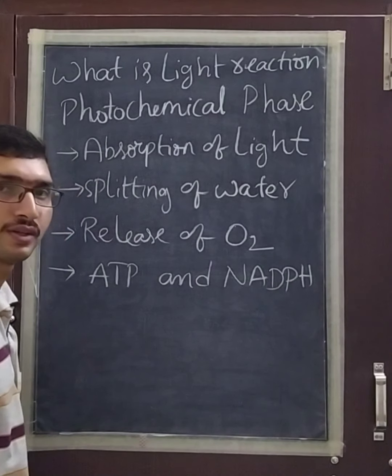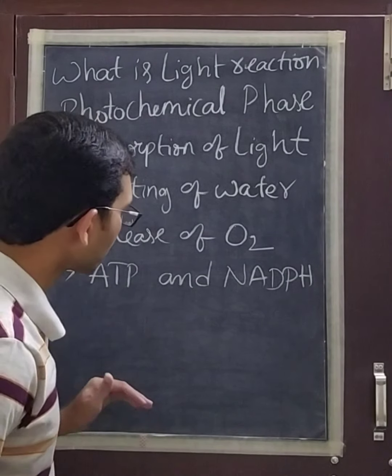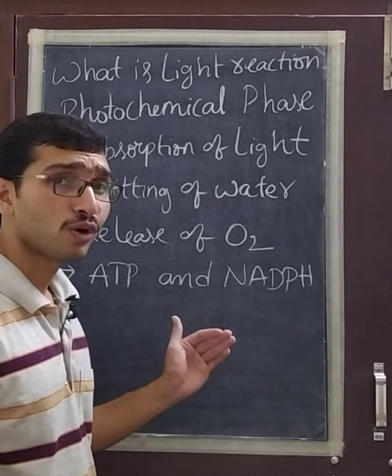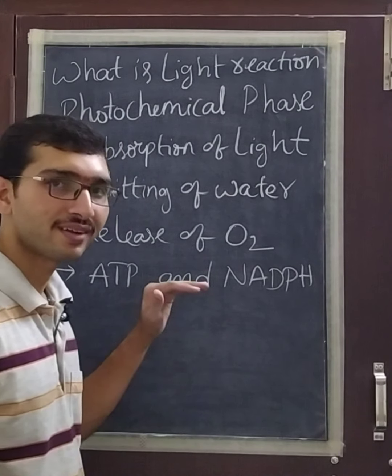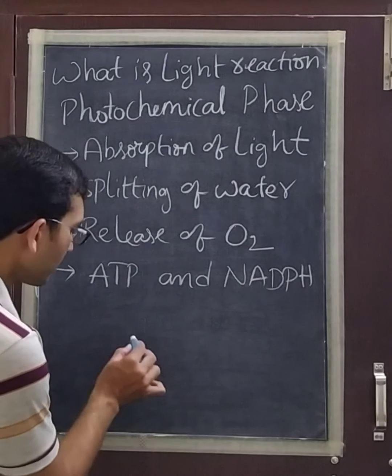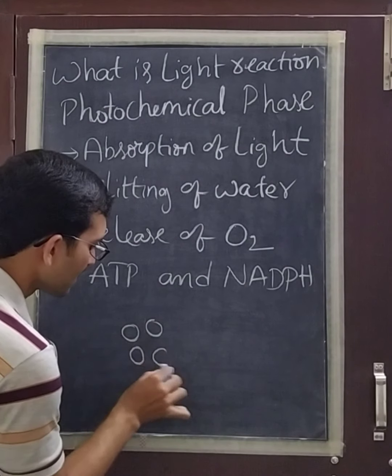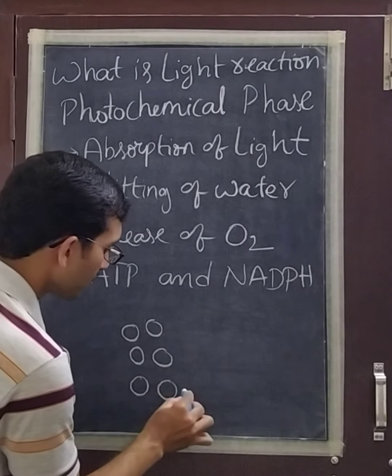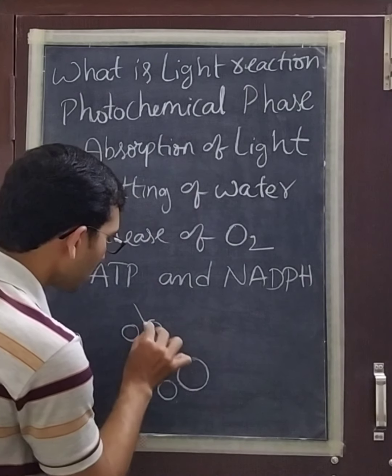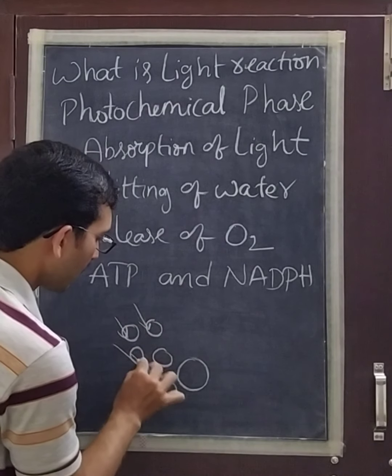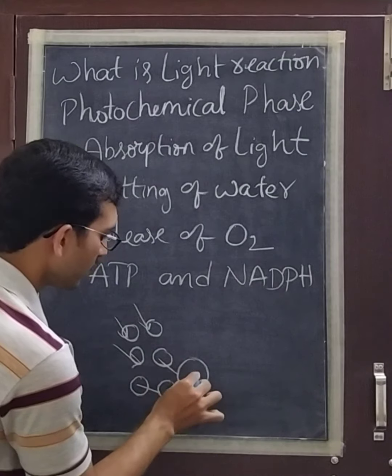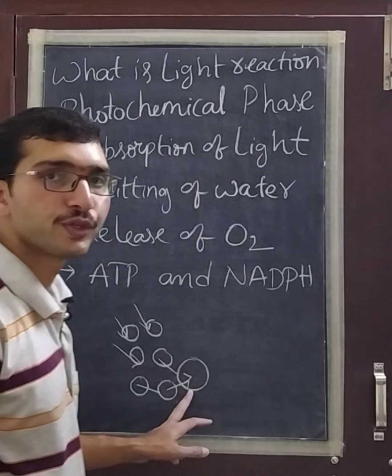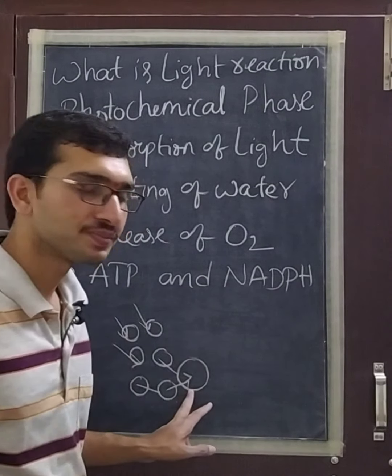NADPH. So to understand this concept very well, other complex molecules are also included in this reaction. There are pigments which are present in the plant leaf. These pigments absorb the sunlight and they pass that energy to the major pigment which is present inside the protein.